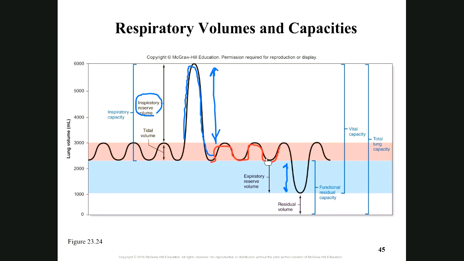So, first we have tidal volume. Tidal volume is the amount of air which you inhale and exhale in a normal situation. Inspiratory reserve volume is the amount of air that can be forcefully inhaled beyond the tidal volume after a normal inspiration. You need to know that this inspiratory reserve volume is a measure of our lung compliance.